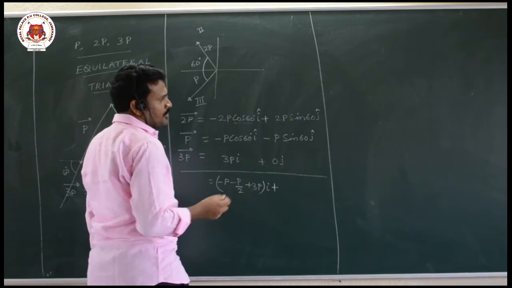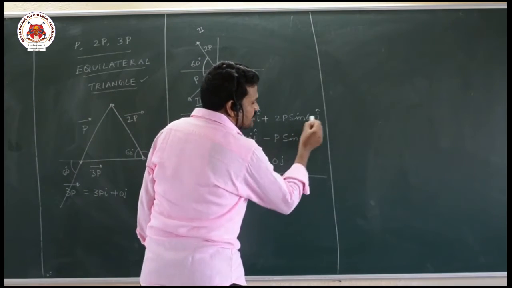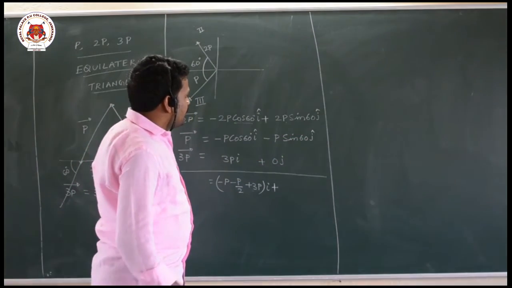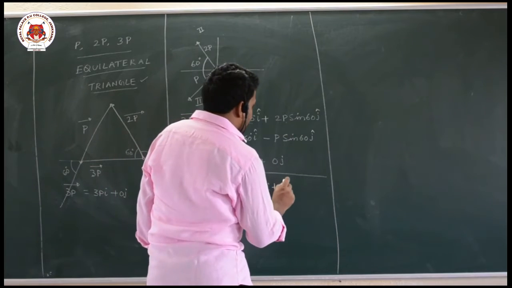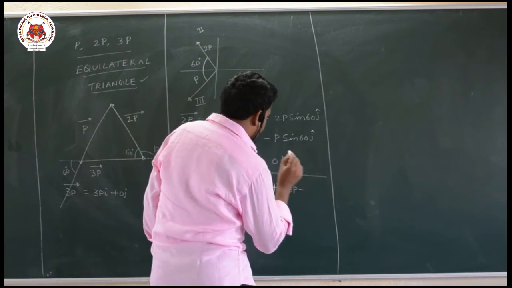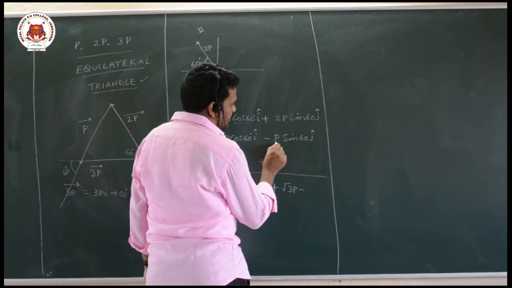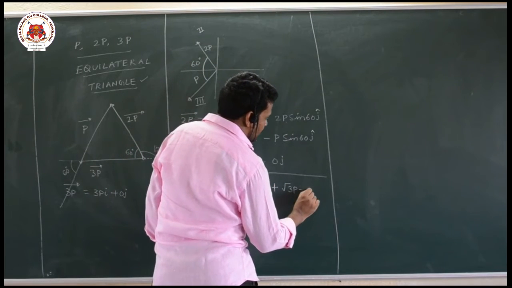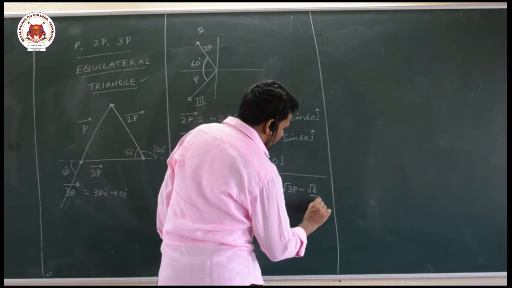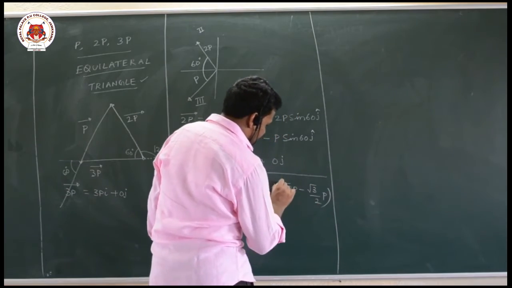Plus 2p sin 60. Sin 60 is root 3 by 2. So what you will get is root 3 p, minus root 3 p by 2, since sin 60 is root 3 by 2, with p j cap.